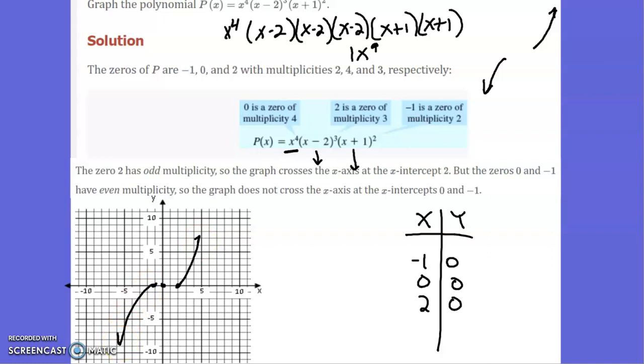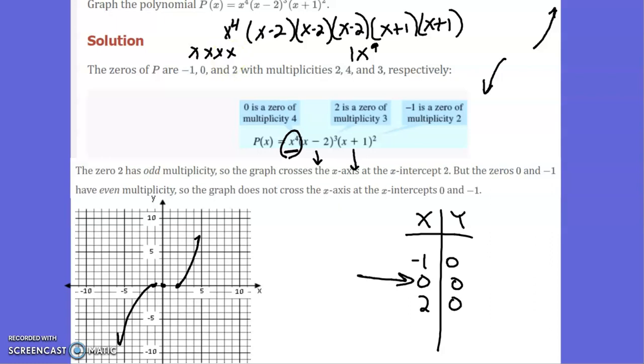But I want you to notice the zero at 0, this one right here, has a multiplicity of 4. In other words, it sort of repeats itself 4 times. If we literally wrote that out 4 times, we would get it repeating with a multiplicity of 4.